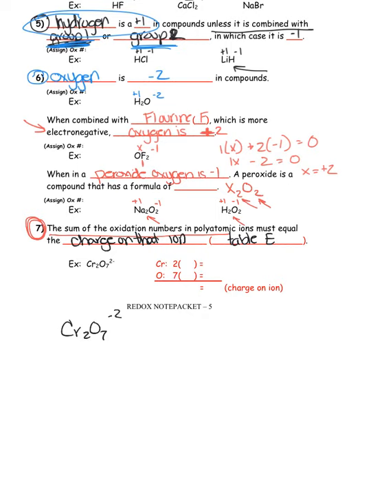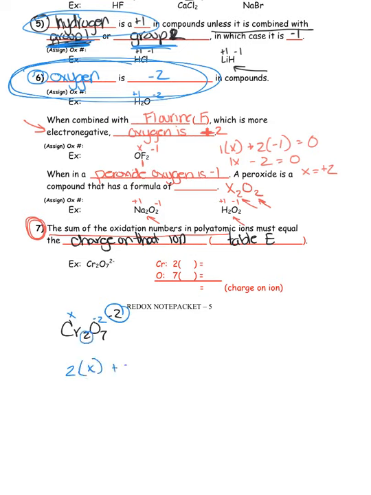So Cr2O7 has a charge of -2. That is not the charge on that oxygen. Oxygen has its own charge of -2. You got that from up here on rule number 6. We don't know what chromium is, so let's do it. Bottom, this 2, times top plus bottom times top equals, and now it's going to equal a -2.